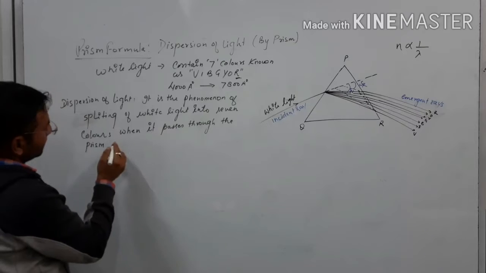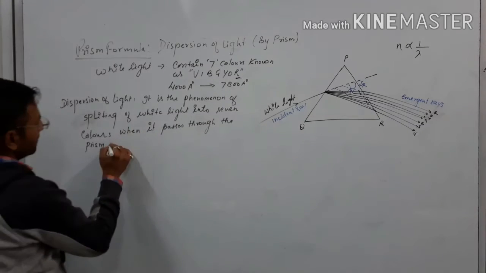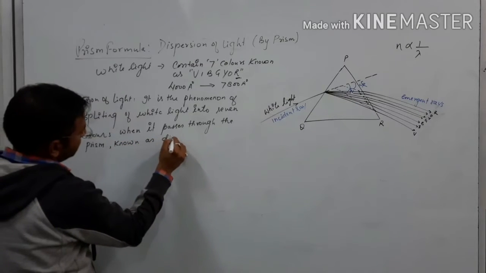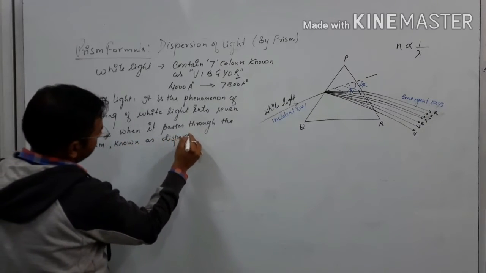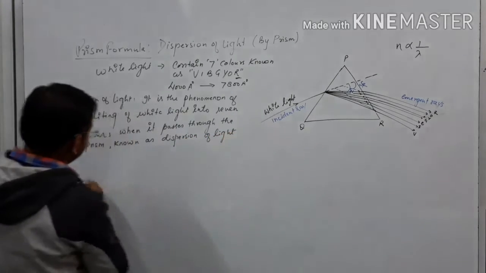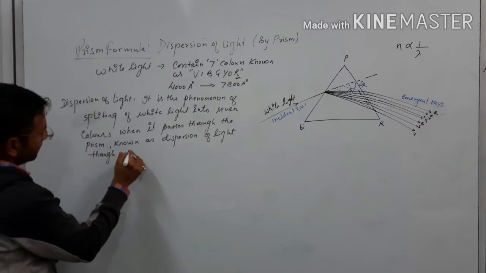Point clear? When light passes through the prism, it is known as dispersion of light through a prism.